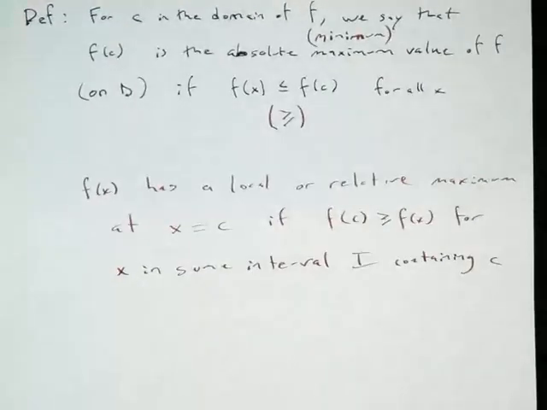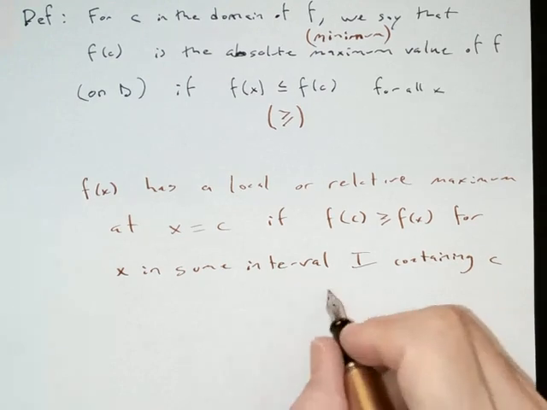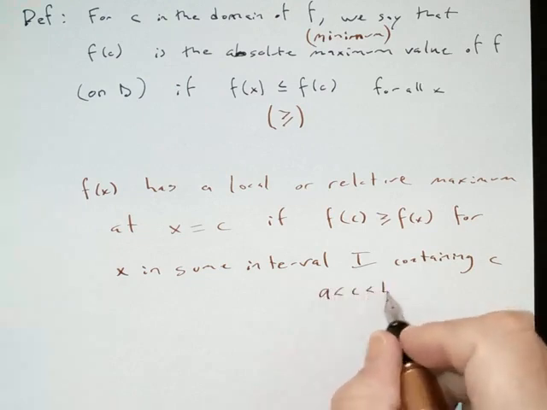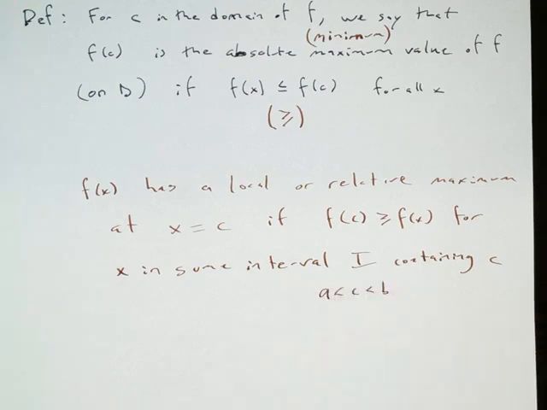A local or relative maximum at x equals c means that I have the highest value in some interval I containing c. Usually, we insist that that interval not have c at one of its edges. Again, same claim, change one word, change the direction of the inequality.